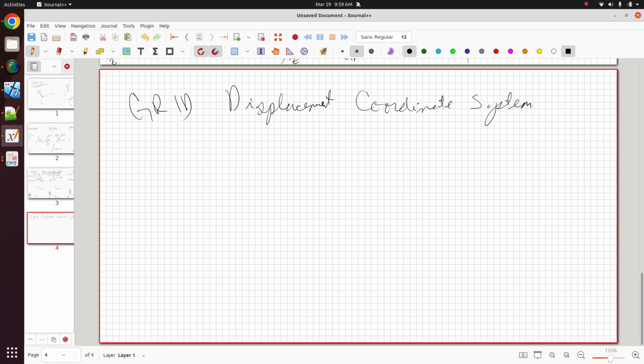You're going to be observing any vectors, any offsets that you define. So let's go ahead and talk about the displacement coordinate system. So what does that look like? So let's do this for rectangular, cylindrical, and spherical coordinates.